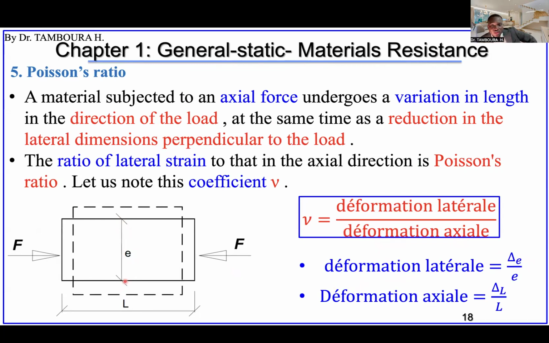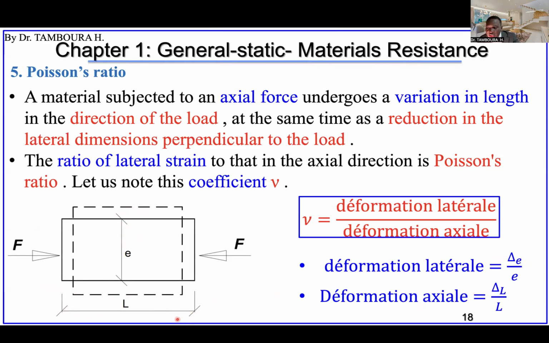You take the final length minus the original length, and you will get this delta. Okay, the final means from here to here minus this E. It means in that case you will get delta E divided by E, and delta L means this final length, and you see the original length is this.